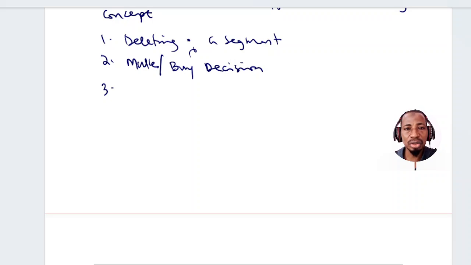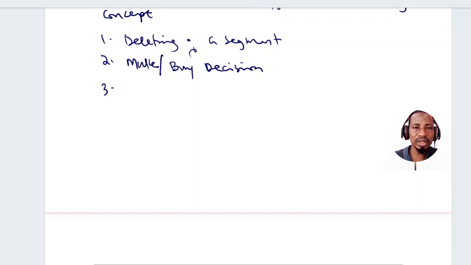This kind of decision is very critical and strategic because of the need to protect the degree of secrecy underlying the company's product. Therefore, management wants to know whether they should make or buy the component. We are going to discuss that separately as we proceed during the course of this class.